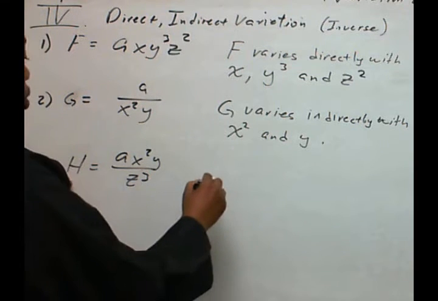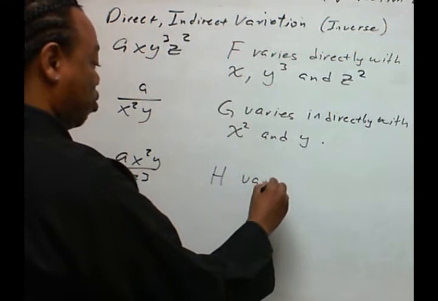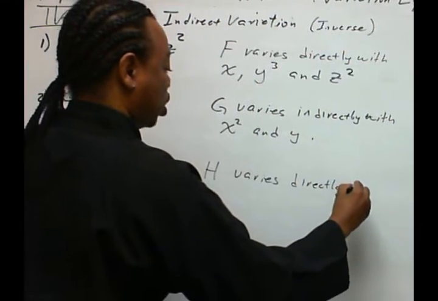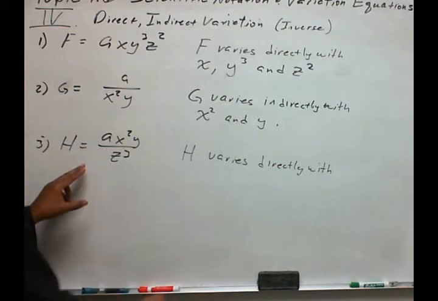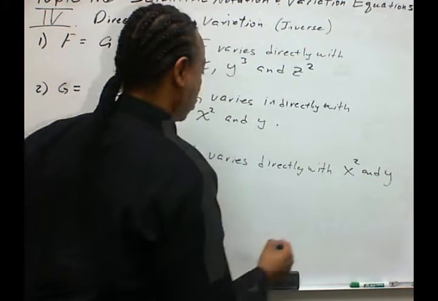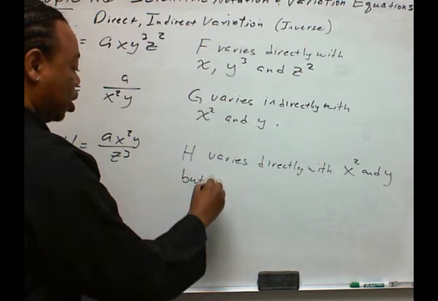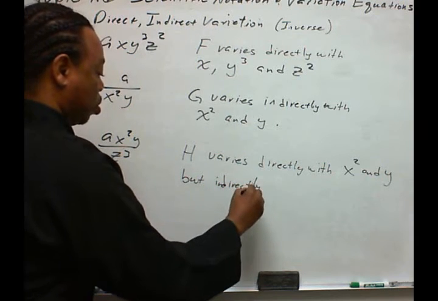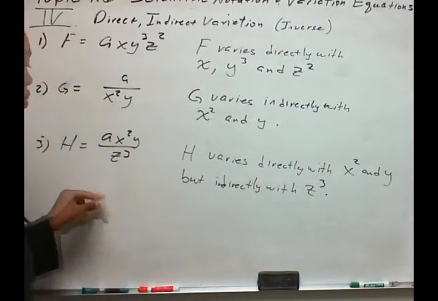Furthermore, here we have H varies directly with X squared and Y, but indirectly with Z to the 3rd power.